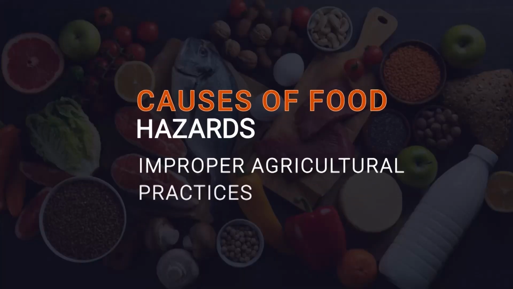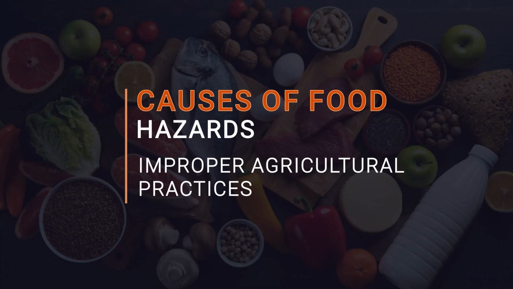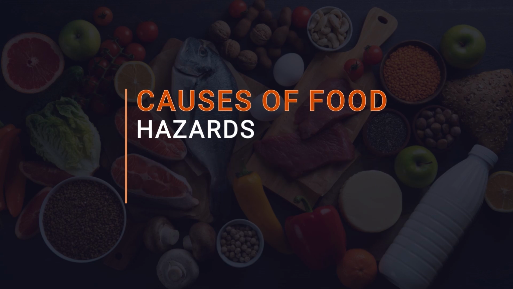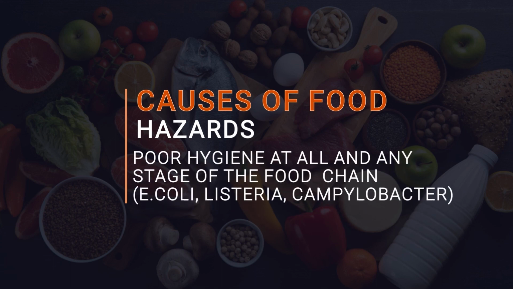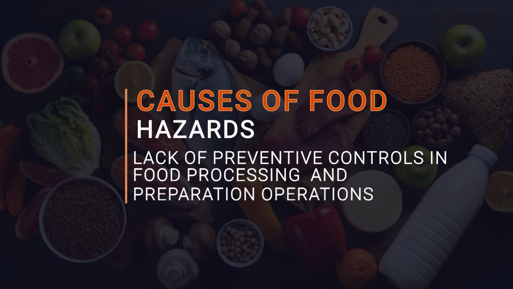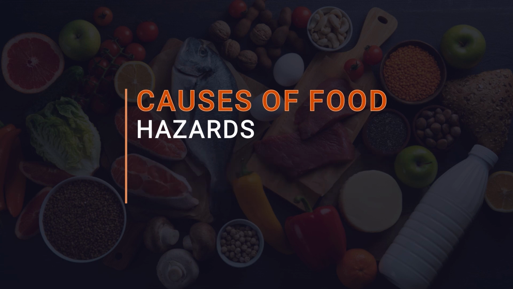Now, the causes of food hazards: if you see, there are five main reasons. Improper agriculture practices, a polluted environment, poor hygiene at any stage of the food chain, lack of preventive controls in food processing, preparation and operation, and untrained personnel. These are the causes of food hazards.